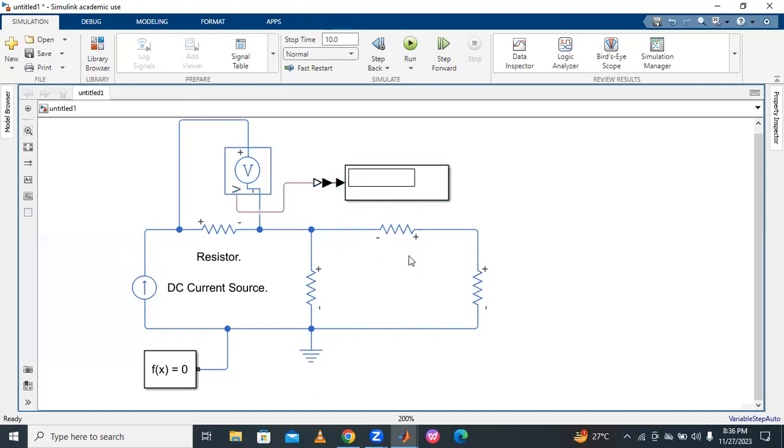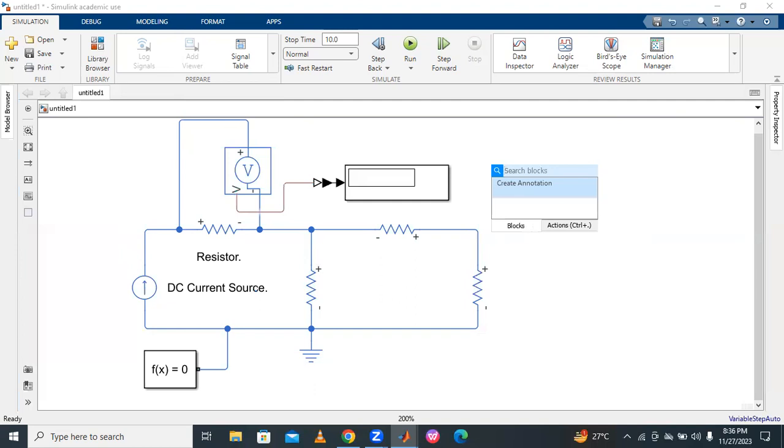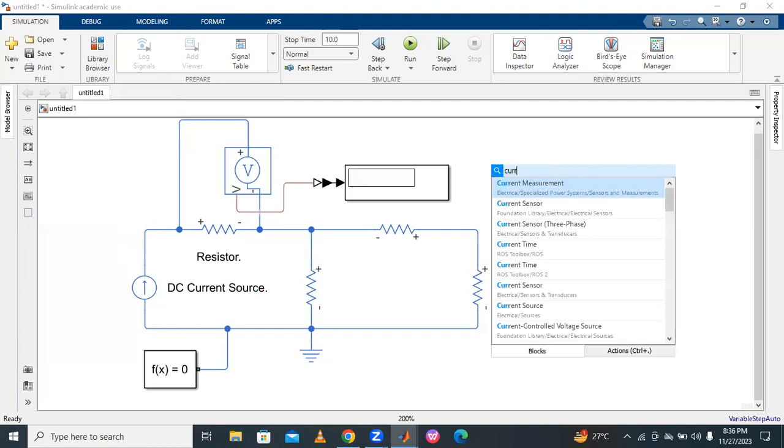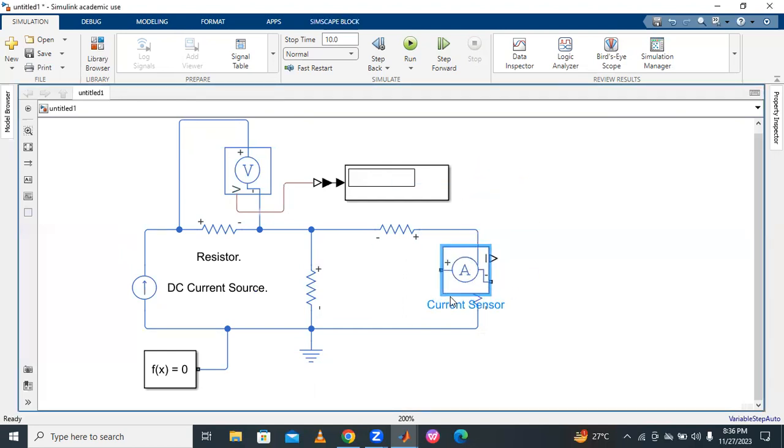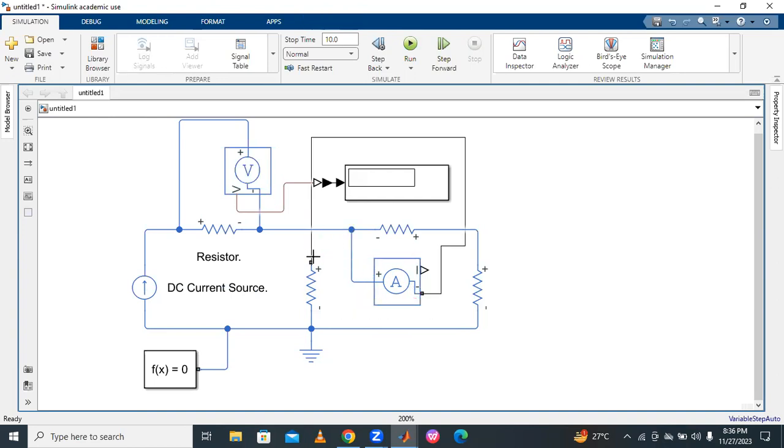So this is for voltage. Next, to measure the current flowing into this resistor, take one current sensor. The current sensor is nothing but like an ammeter. Connect it in series with this resistor: connect the positive terminal here and the negative terminal to the resistor, like this.